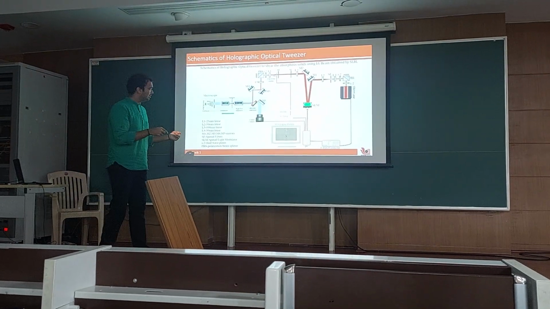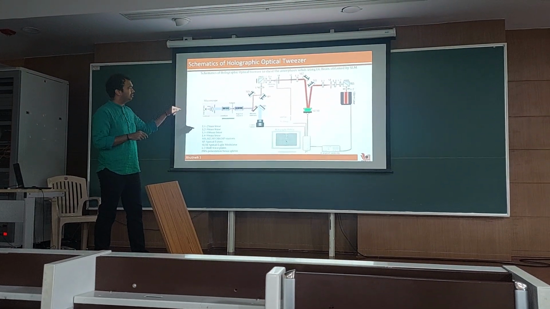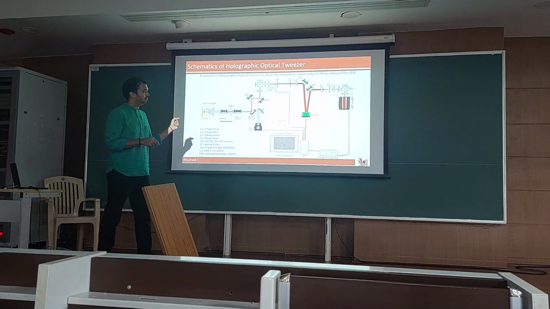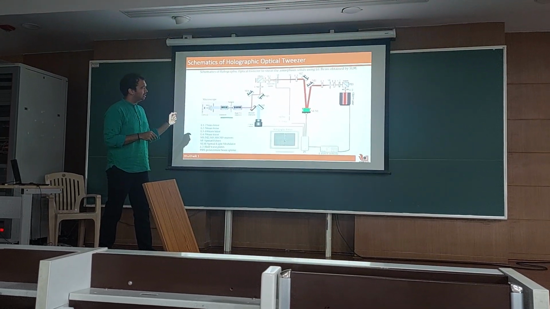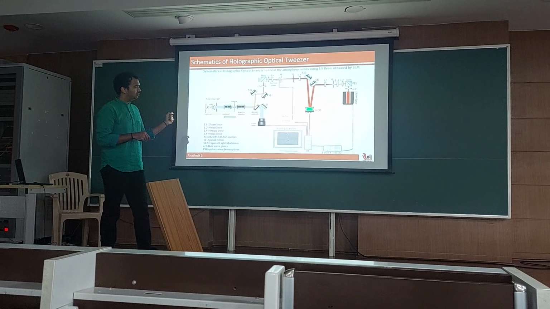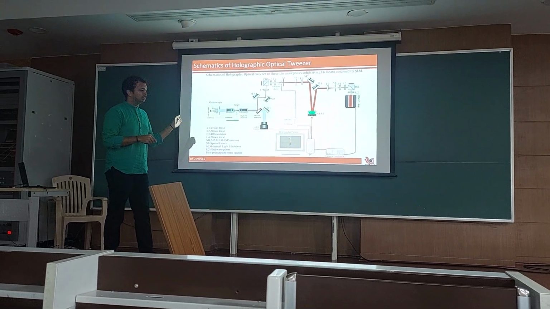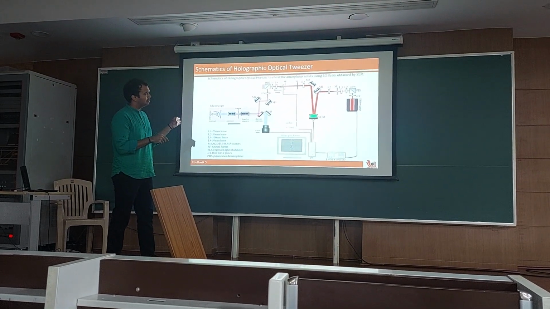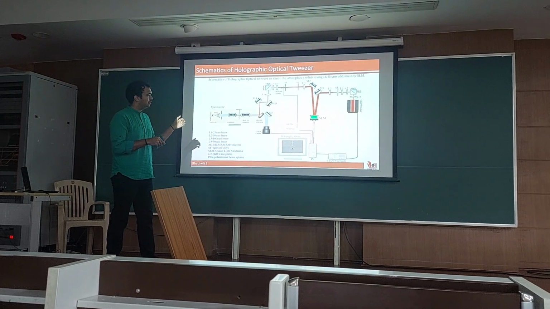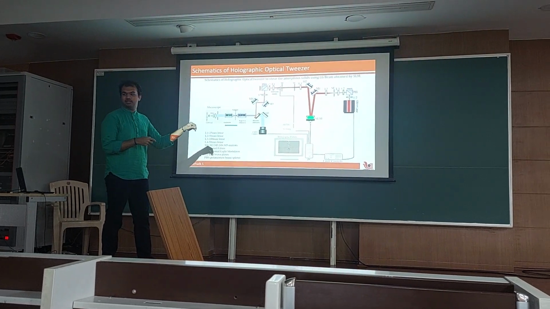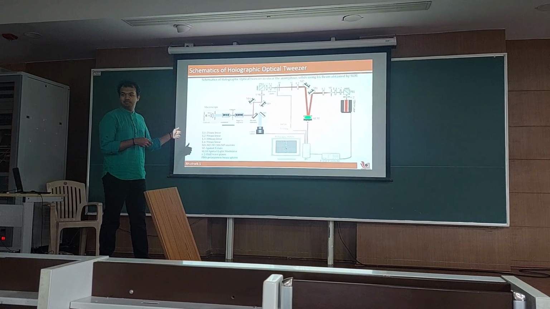So this is a schematic representation of the holographic optical tweezer. Here we are using a 1064 nm laser. Then we expand the beam so it completely falls on the SLM, and we make sure the polarization of the beam is aligned along the direction of the liquid crystals of the SLM.